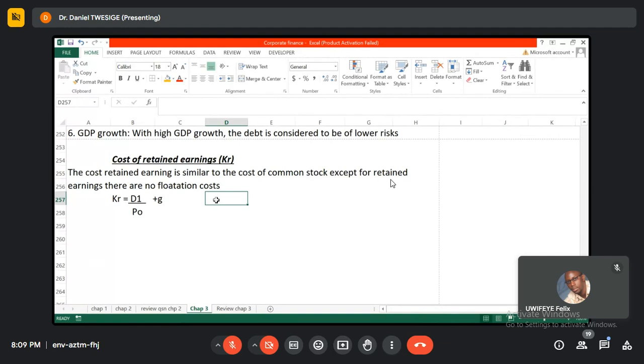But it is expected to grow as your retained earnings are growing. As the retained earnings are growing, you expect that dividend also to grow. So it means you will be having a D1, not a D0. It is what you expect to pay to the ordinary shareholders.